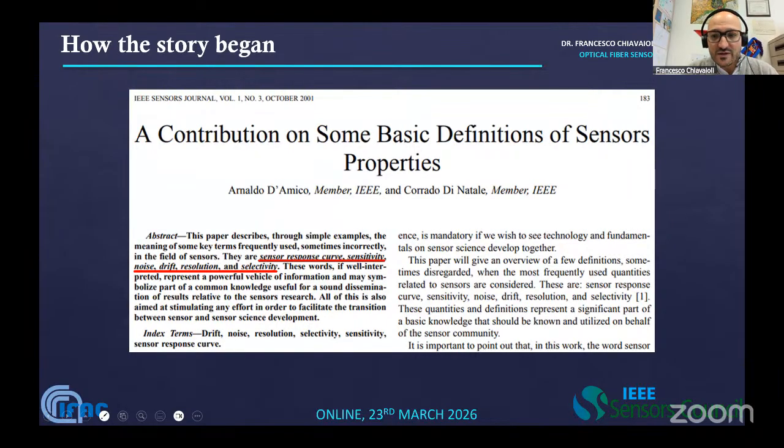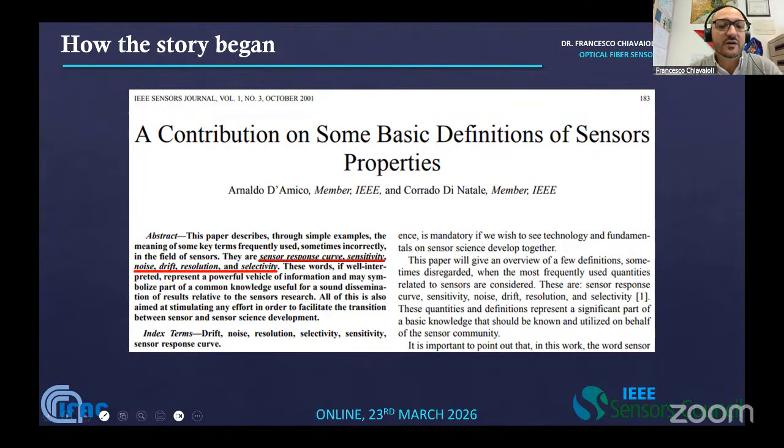This story starts, I think, in 2009, probably, when I attended a doctoral school from the Italian Electronics Group in Rome. During this school, I was impressed by the lecture given by Professor Arnaldo D'Amico, who recently passed away, a pioneer in the field of sensors.